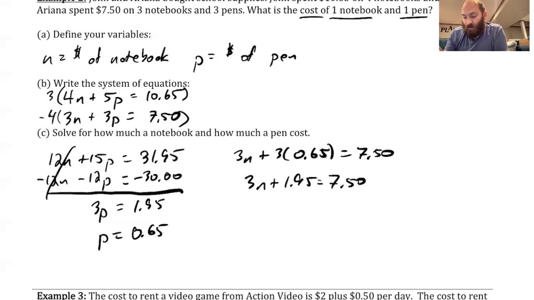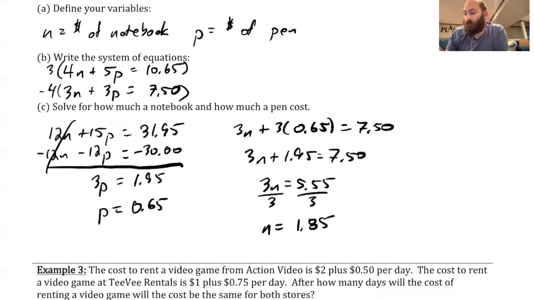So I can subtract that over, and I get $5.55. Divide that by 3. And I get $1.85. Okay.